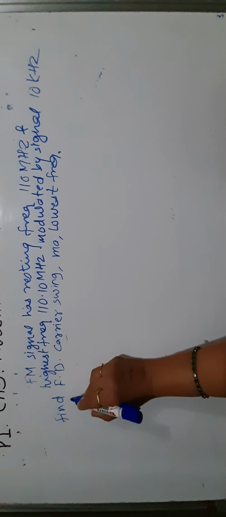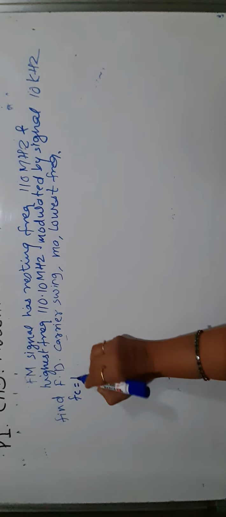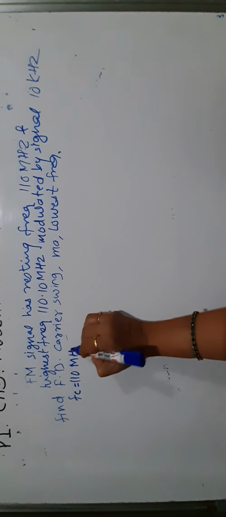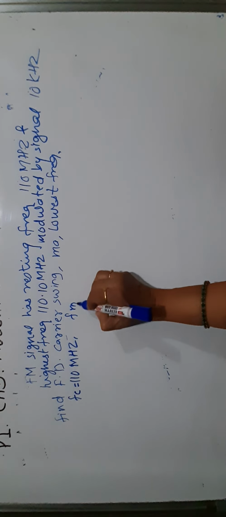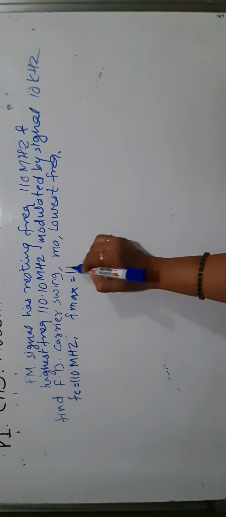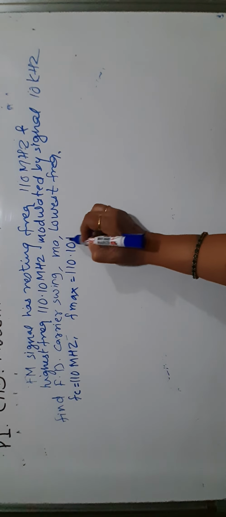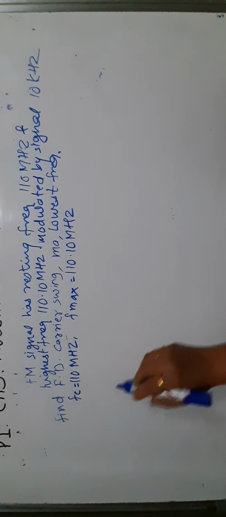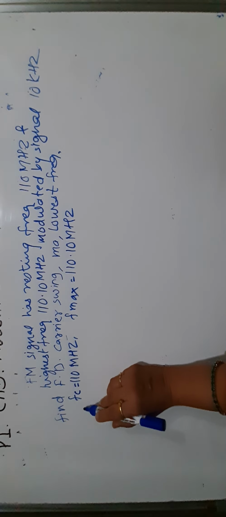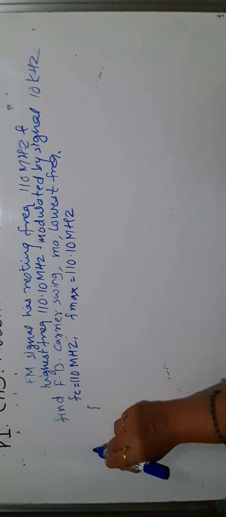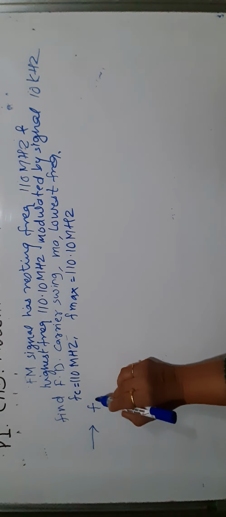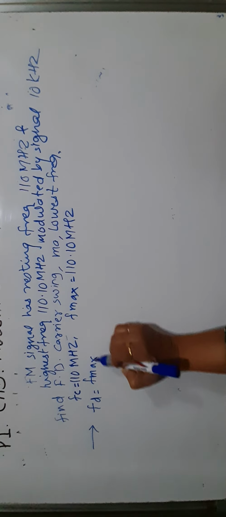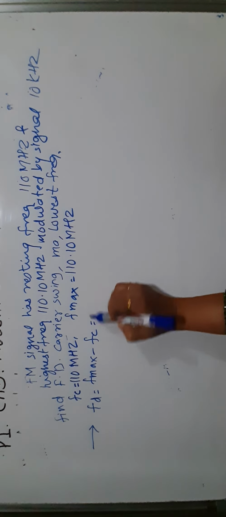Now we know FC equal to 110 megahertz and Fmax equal to 110.10 megahertz. So from this we can find out the frequency deviation. Frequency deviation will be FD equal to Fmax minus FC.